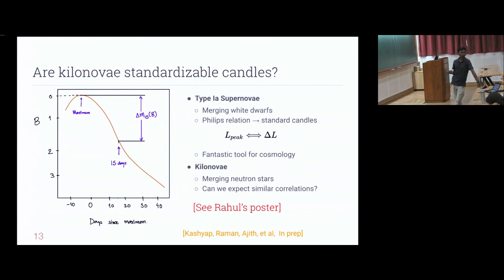That means that you can measure the luminosity distance very accurately. So the question we are asking is, can such a relation exist for kilonovae also? What we have observed is that, at least in theory, if you use the theoretical models, such a relation exists, and the publication is in preparation. You can see Rahul's poster for more details on this project.